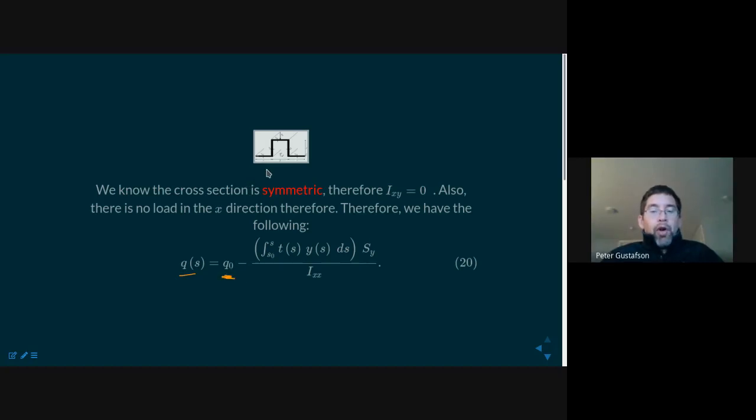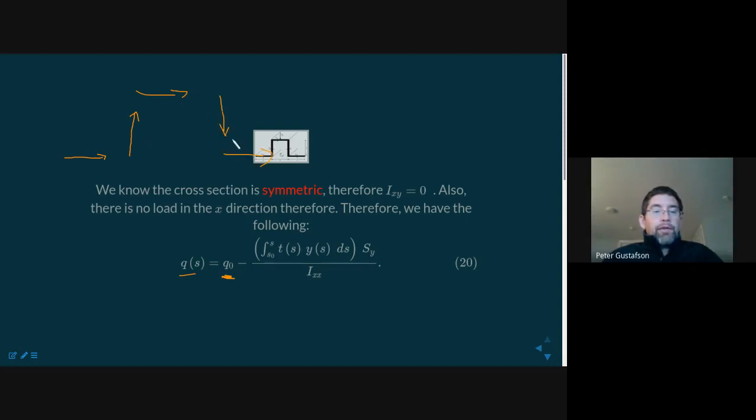We also broke up this integral such that it had several different S's. We defined local coordinate frames, one starting here and going this way, the next one starting here and going this way, the next one starting here and going this way, and so on down the line. So we actually had 1, 2, 3, 4, 5 coordinate systems, S1, S2, S3, S4, S5.